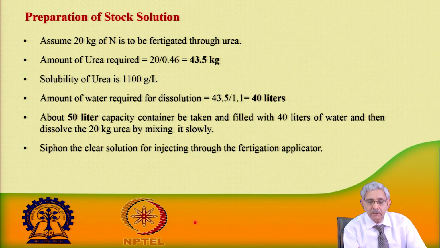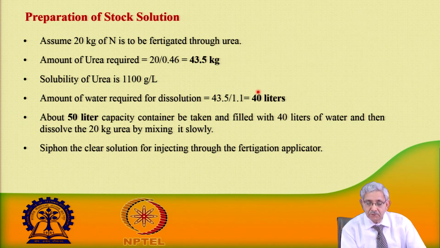So, for 20 kg of nitrogen, you will be adding 43.5 kg of urea, and then we will see what is the solubility of urea. It is 1100 gram per liter.